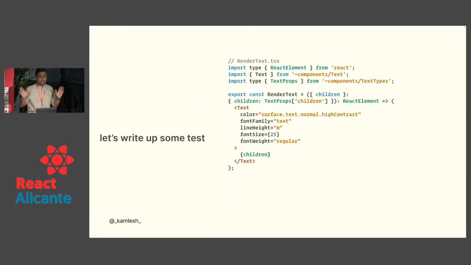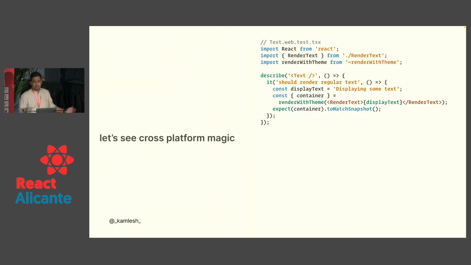So let's write some tests. What we have done here is import the text component that we just implemented and return it so that we can test it. We'll create a file called text.web.test.tsx. Again, it has the extension with it. We import the web utilities from React Testing Library, render it, and then do a snapshot.